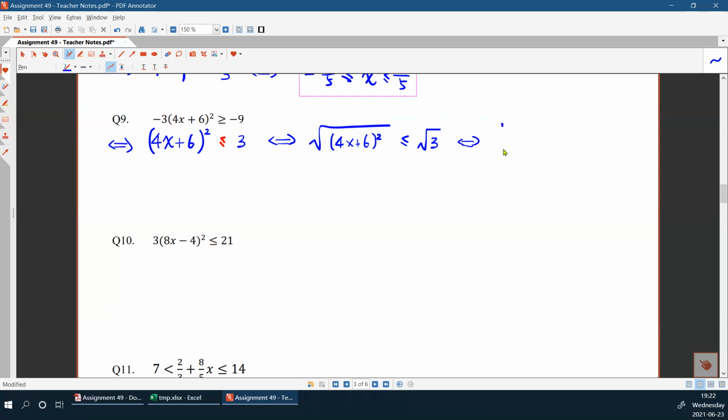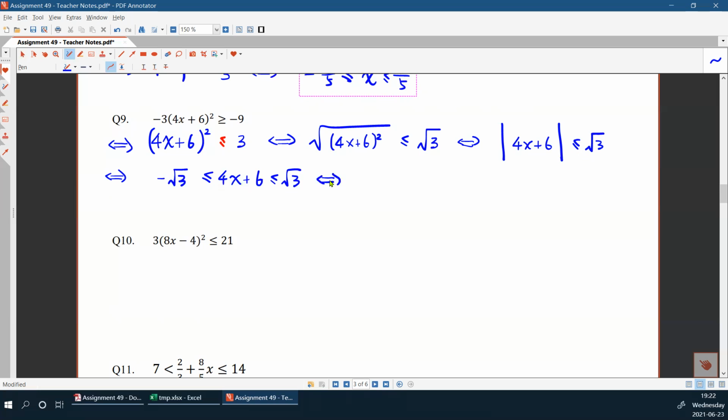And this is equivalent to the absolute value of 4x plus 6 is smaller than or equal to square root 3, right? Okay, so this means the distance between 4x plus 6 and 0 should be less than square root of 3. So that means 4x plus 6 should be smaller than or equal to square root of 3 and should be larger than or equal to minus square root of 3, right?